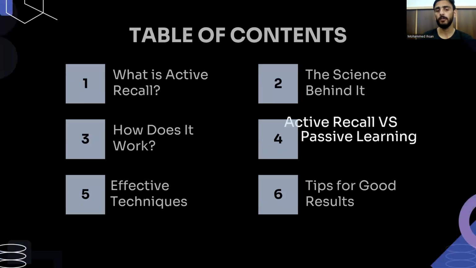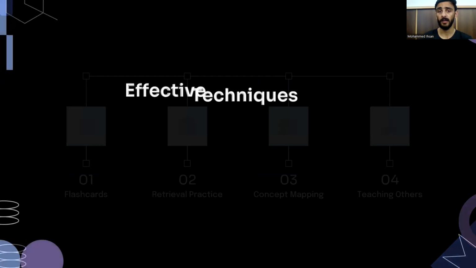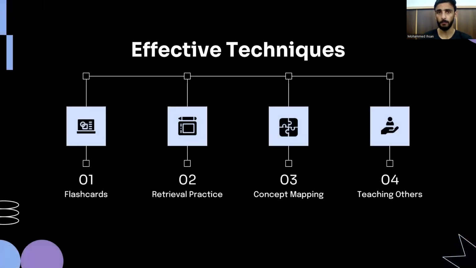Now, let's explore the effective techniques that are good for practicing and using active recall. First of all, we have flashcards. Flashcards are a very basic and very old yet very effective form of practicing active recall. Flashcards engage retrieval practice and also reinforce knowledge.